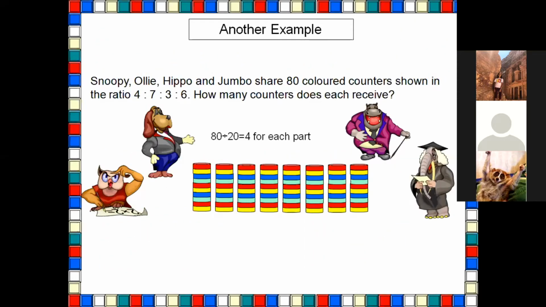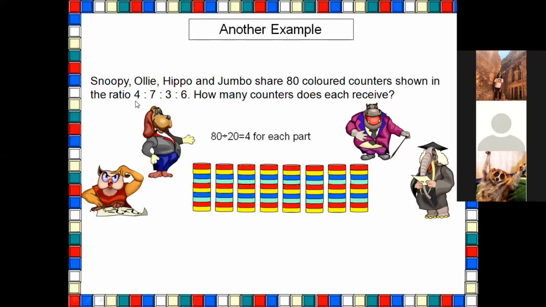Look at this example. We have four animals here: Snoopy, Ollie, Hippo, and Jumbo. They want to share 80 colored counters shown in the ratio 4 to 7 to 3 to 6. Now, the first name, as you see, is Snoopy.